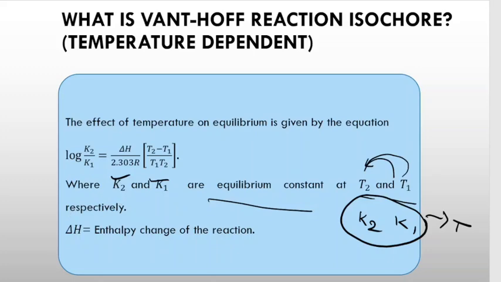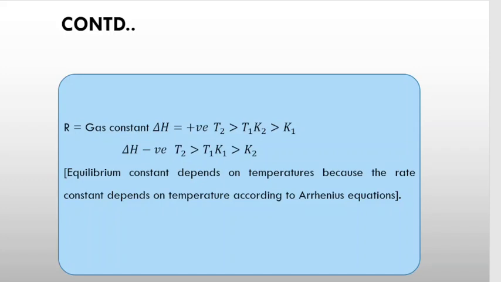The equilibrium constant value changes with the temperature, and hence we are going to check how the equilibrium constant changes when the temperature changes. For example, if delta H is positive, that is endothermic reaction. If delta H is negative, that is exothermic reaction. T2 greater than T1 means we increased the temperature.